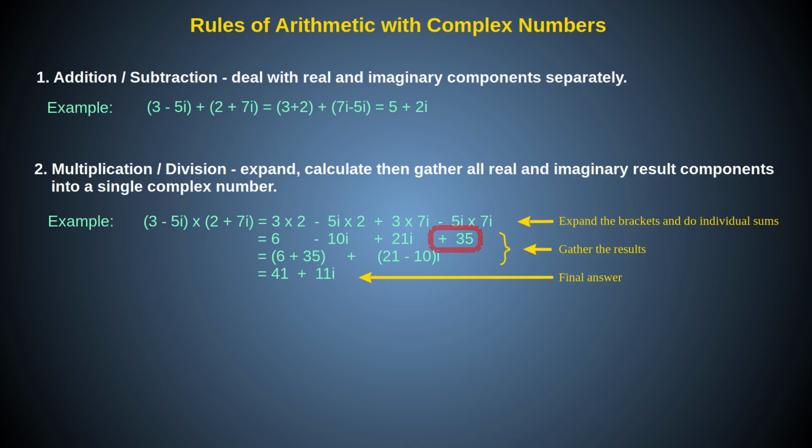So you have to keep track of the individual sums. Then, at the end, gather all the real components into a single real value, and all the imaginary components into a single imaginary number, and that's your answer. Apart from always following these simple rules of combination, there's nothing special or complicated about complex numbers.